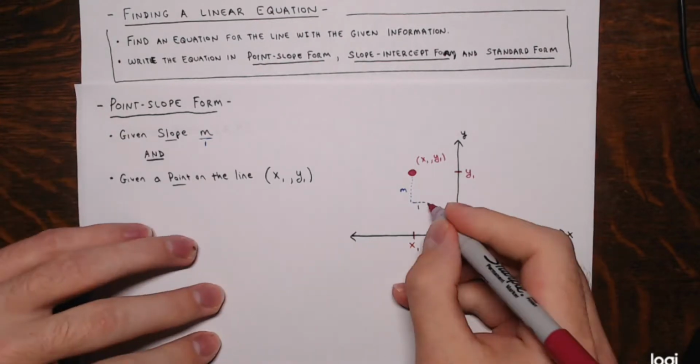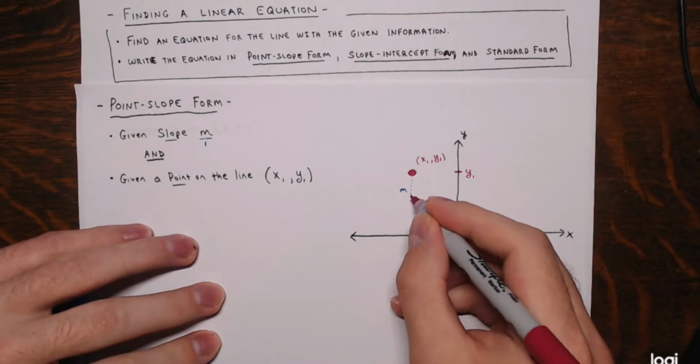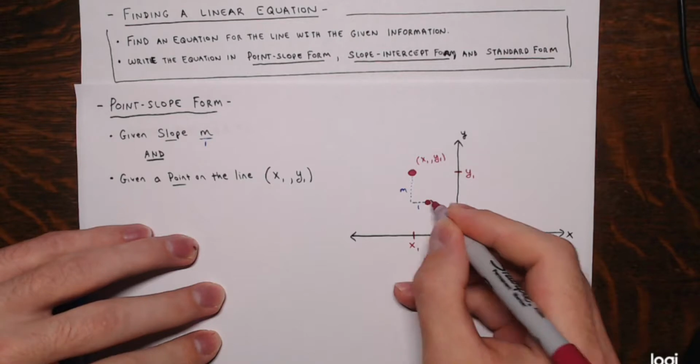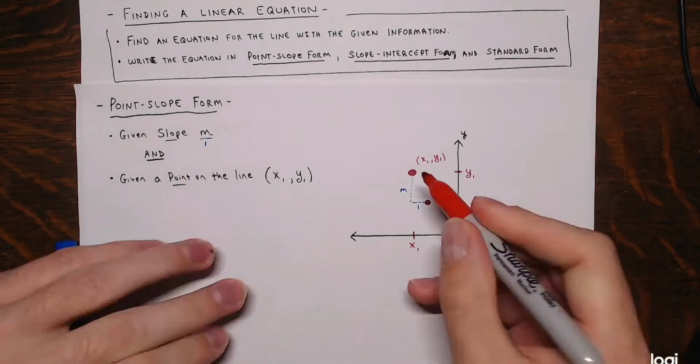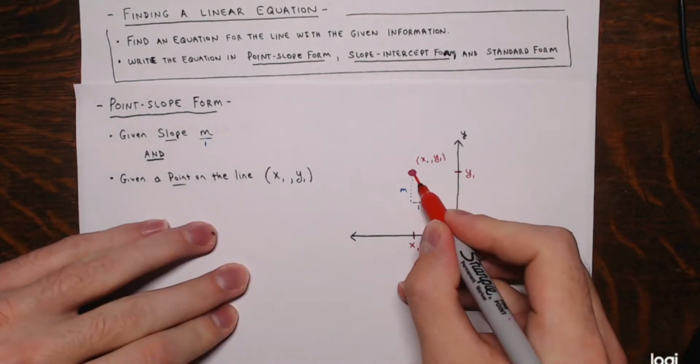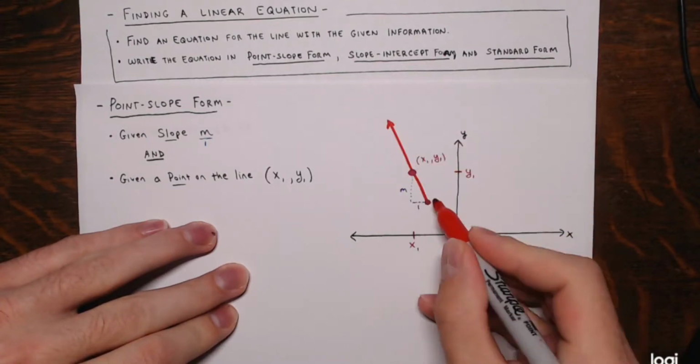And then here's another point on the line, up or down m, and then right 1. And here's the line itself, the line going through the point x1, y1 that has a slope of m. So something like this.